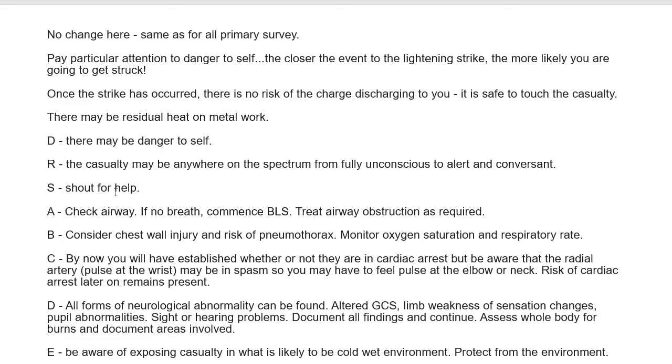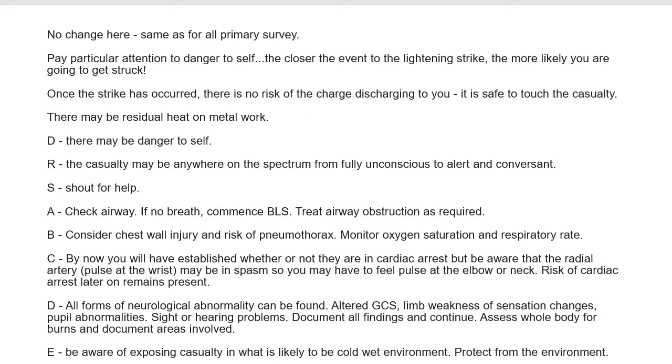And finally, E, so you're going to expose a casualty in an environment where a thunderstorm has recently taken place. So it's likely going to be cold and it's likely going to be wet, so you need to take care of them. That's about it, really. I'm not sure there's a great deal more.